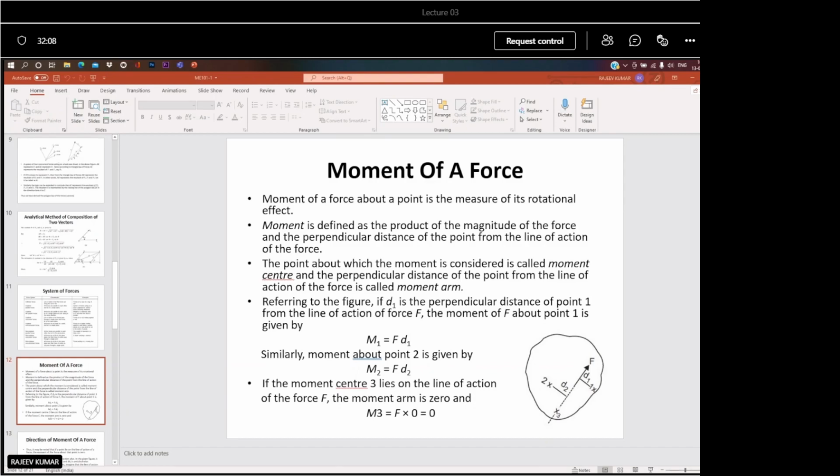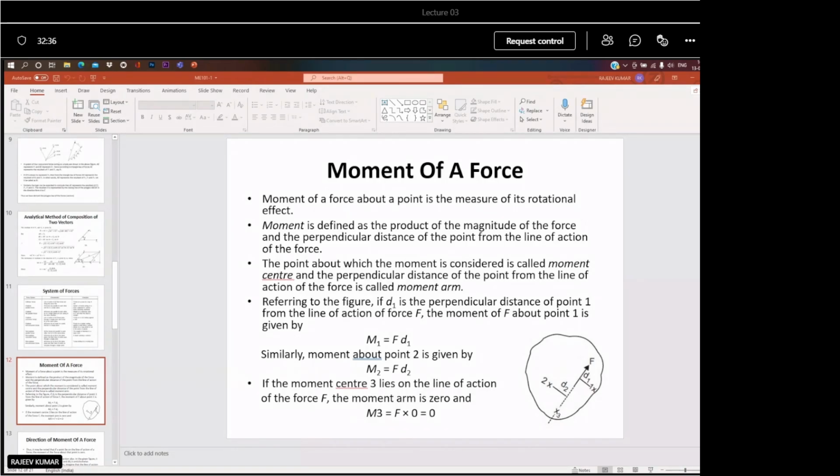That will be discussed by the Varignon theorem. So if two moments are there, and by a third line of action of force you apply so that the moment becomes 0, then you have to consider the resultant, because you have applied two forces and these forces have created the moment.